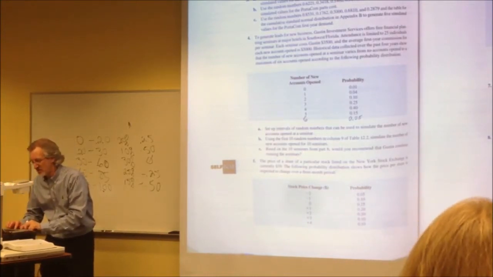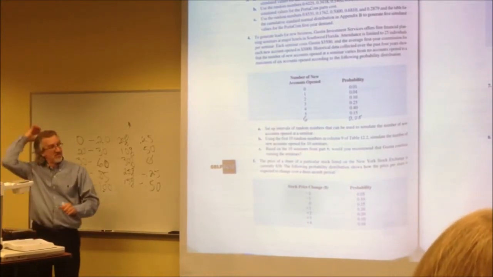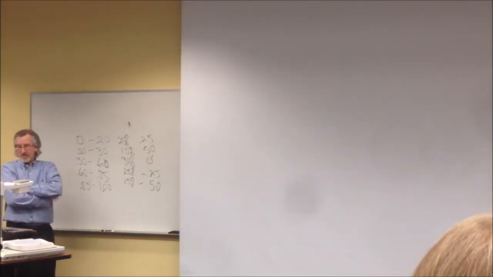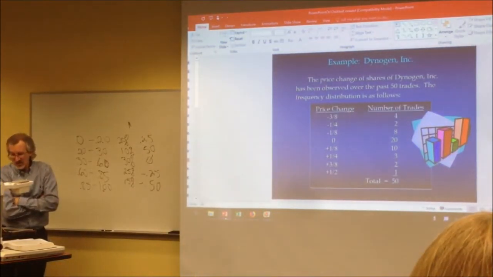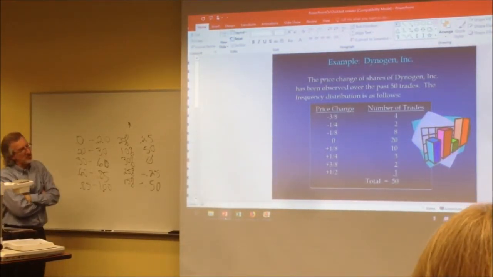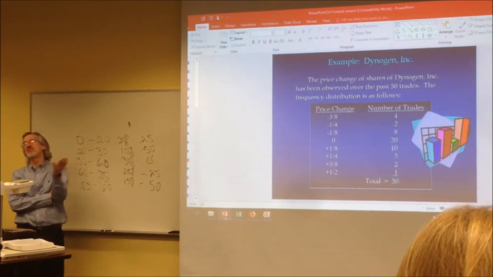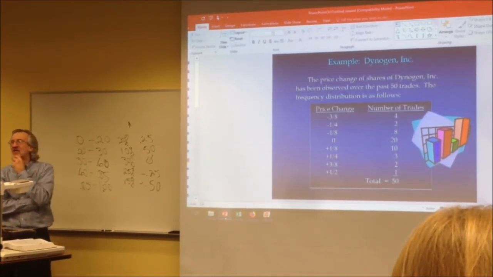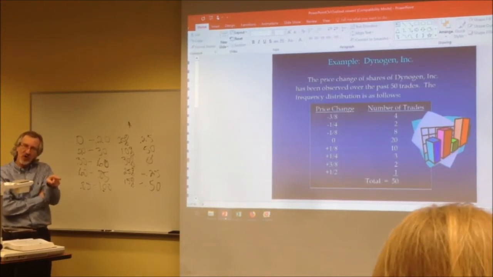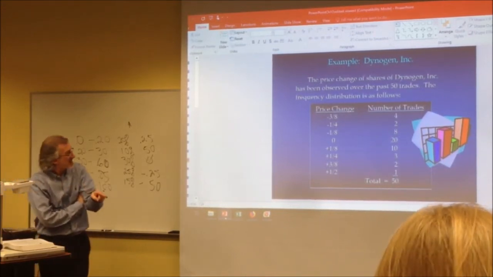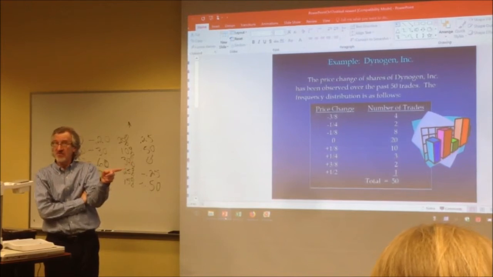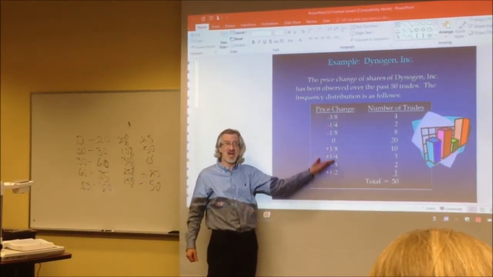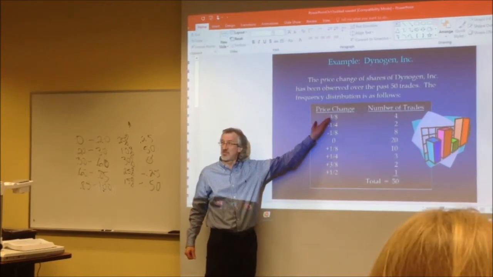This leads us right to here. So the story in this example, the first example you have on the PowerPoint, says, hey, we're looking at what kind of change is taking place on the stock price. And we're going to look back at the last 50 trades. And here are all the different changes that took place on that stock price over the last 50 trades.